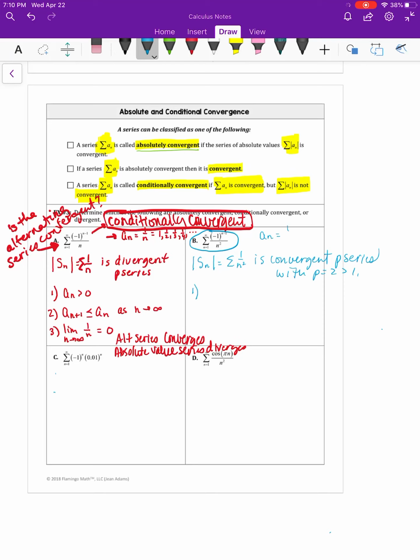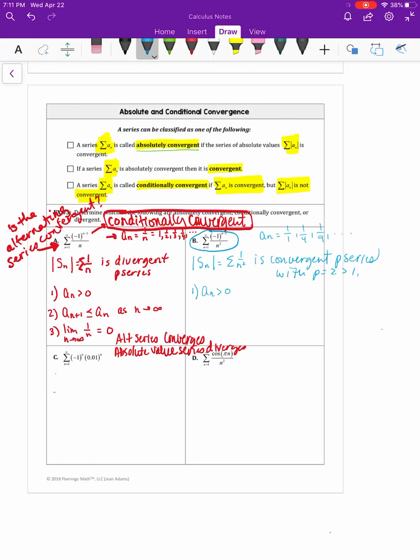So that's how we know it's convergent. Now I want to find out, is the alternating one convergent? If they're both convergent, then we have absolute convergence.